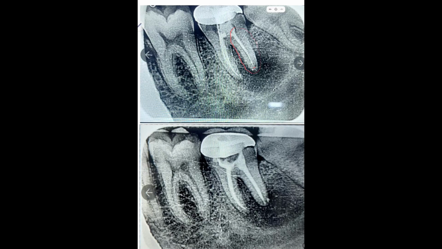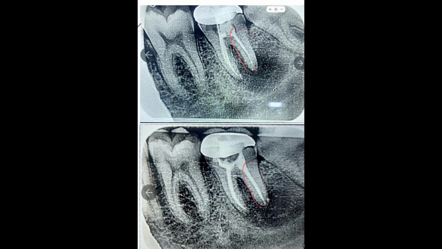You see the amount of GP, you see the width or the diameter of that GP present in the previous treatment, and look at the amount of GP that has been accommodated in the canal after the retreatment. This was how large the canal was, and this was what made all the difference to the patient.